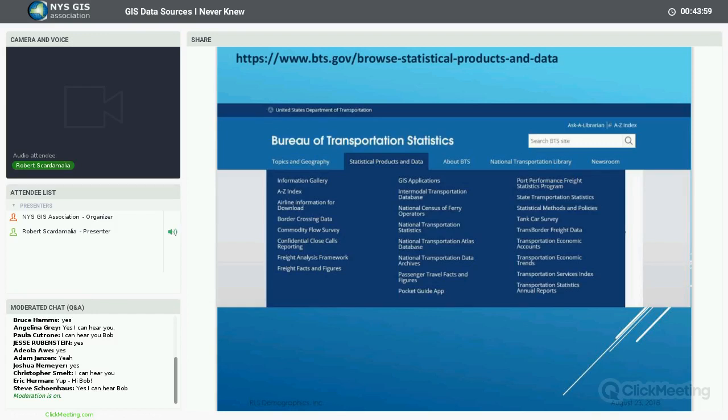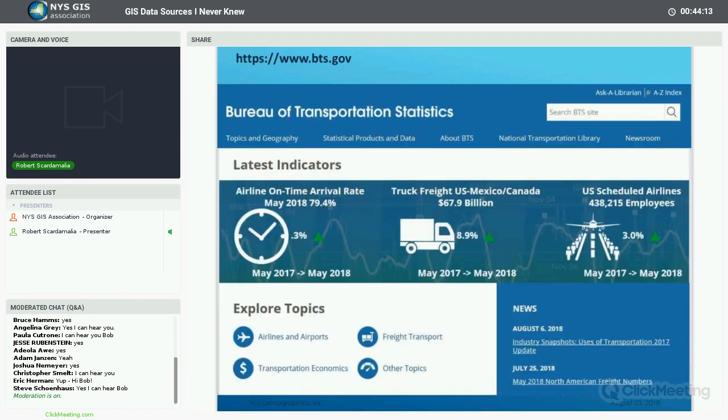Bureau of Transportation Statistics, another catalog of data that covers the whole range of how we as individuals move around, as well as commodities get moved around through our country. Airline travel, data by airport, embarkations and number of flights, trucking information, how do we move produce around our country. All of that freight information comes out of BTS.